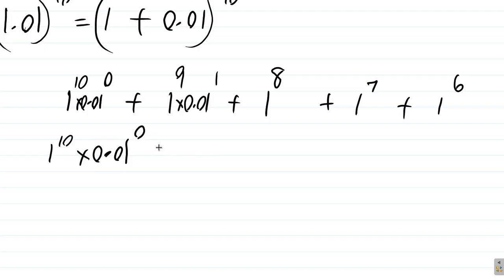Now, the coefficient is going to be 10C10. I always think of arranging the number of items on the left. 10 in this case is starting with 10C10.